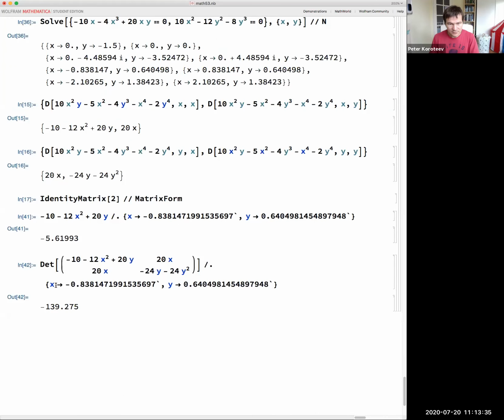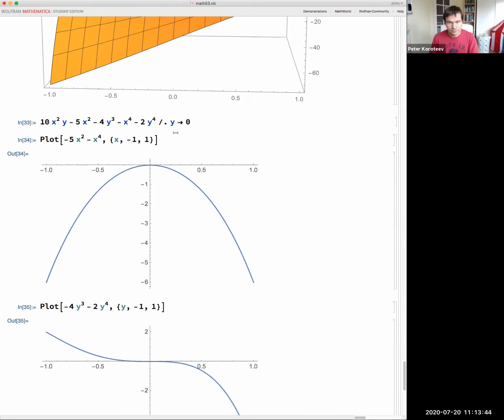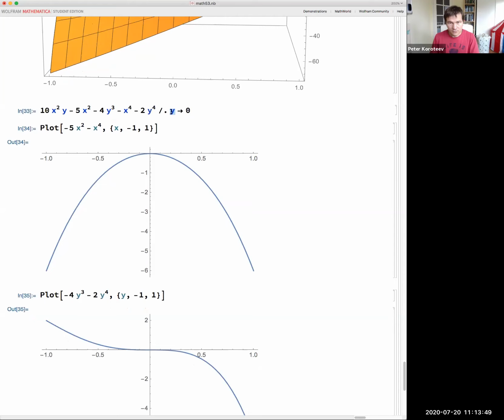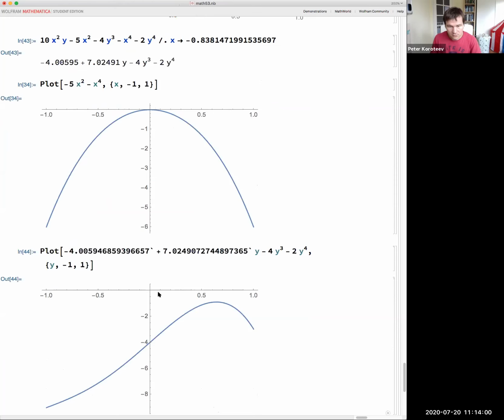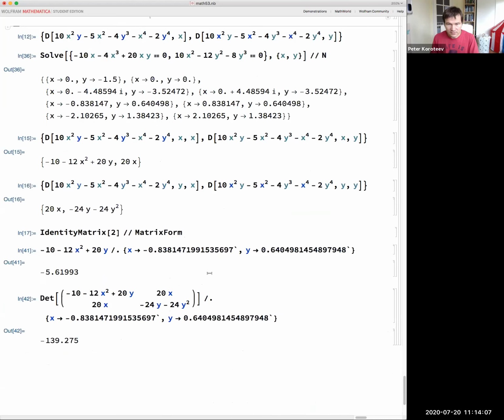Let's try to plot it. Let's, for example, evaluate x at this point. You can plot it, and it looks like this. There's a little maximum here, and now we need to do the y thing.